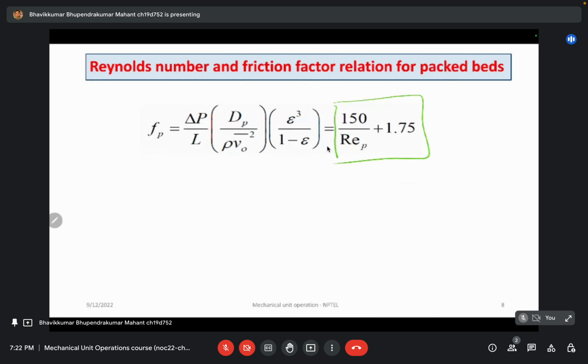You can easily remember this equation, and if someone asks about the Reynolds number, you can directly find the friction factor associated with it for a packed bed, and vice versa is also possible.